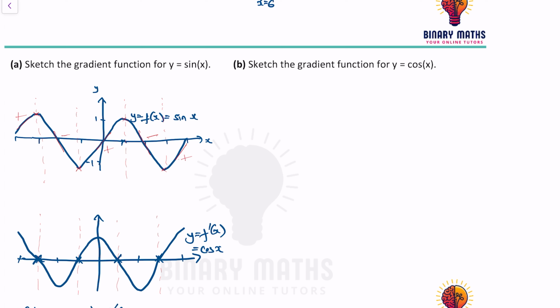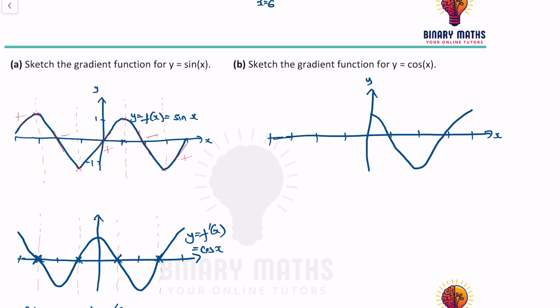Okay, let's do y equals cos x now, similarly. So the cos x graph looks like this. Rough sketch. Stationary points are here, here, here, here, and here.